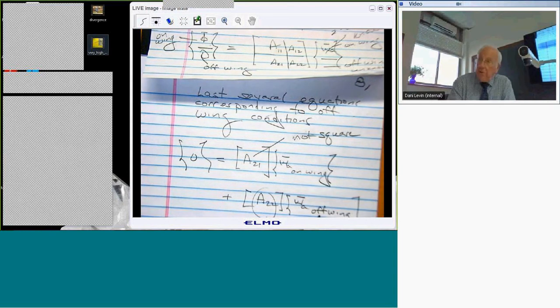Well, I say this is equal to that, and then I invert this matrix and multiply that side, and I'm done. Aha. Now I know this everywhere, both on the wing and off the wing. And then I can just take the rest of the equations and perform a matrix multiplication, and I'm done.